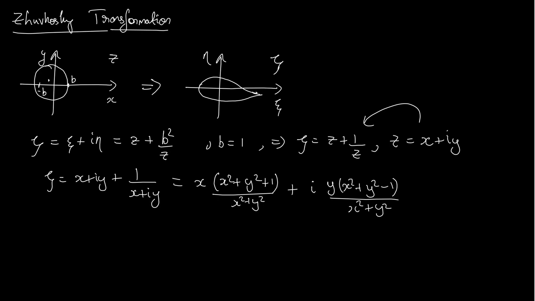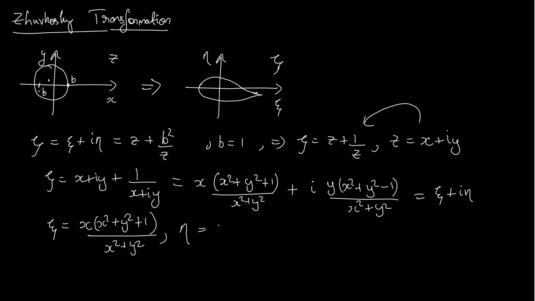Which is equal to xi plus i times eta. So from this I can say that my xi, that is the transformed x coordinate in the zeta plane, is x times x square plus y square plus 1 divided by x square plus y square, and my transformed y coordinate is eta equals y times x square plus y square minus 1 over x square plus y square.